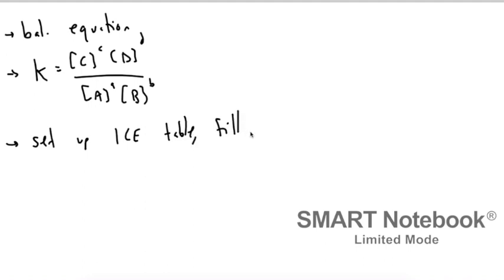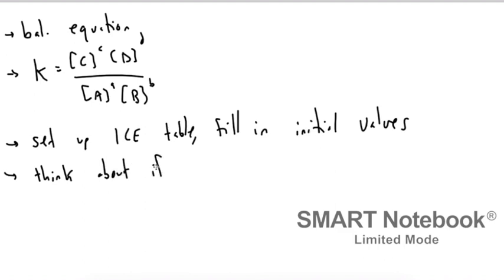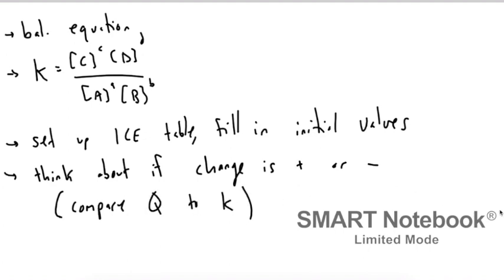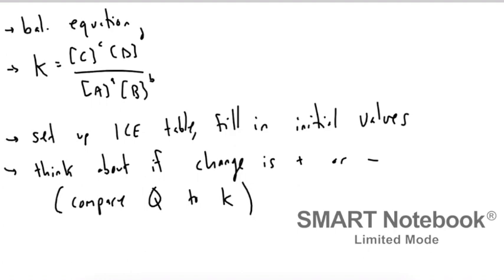Fill in the initial values. Think about whether the change will be positive or negative. To do that, you're going to have to compare Q to K. You guys should be familiar with that, or you can think about Le Chatelier's principle.